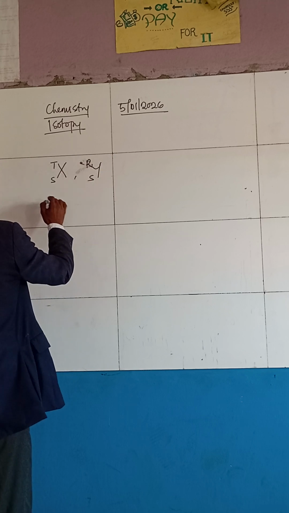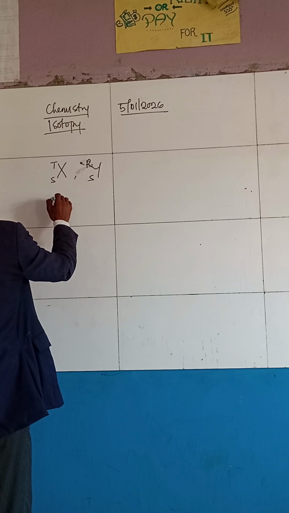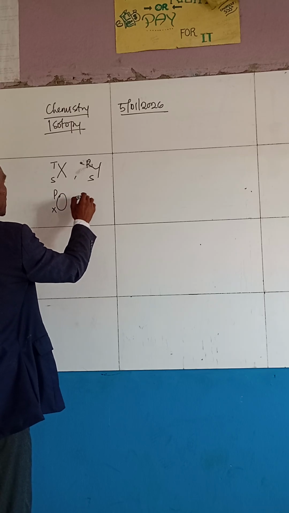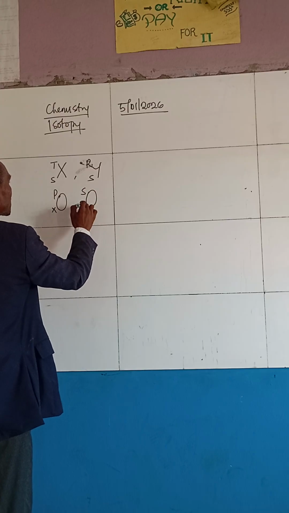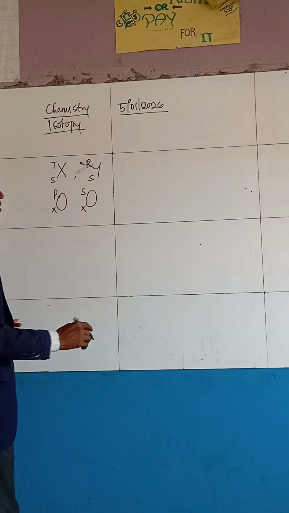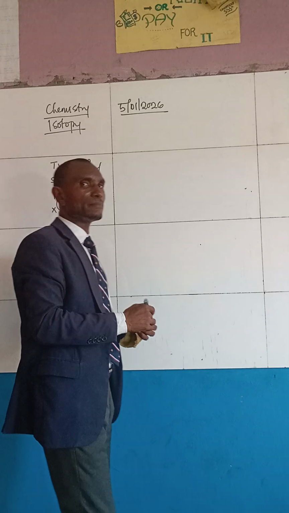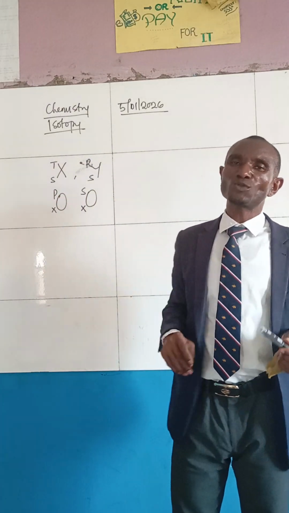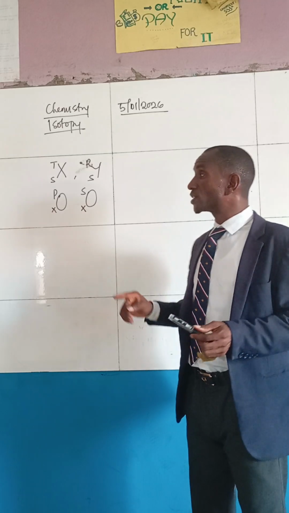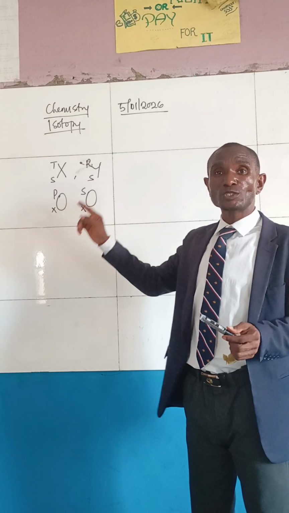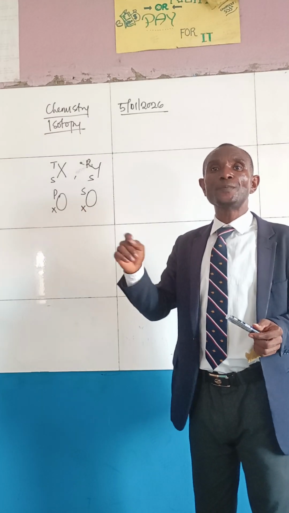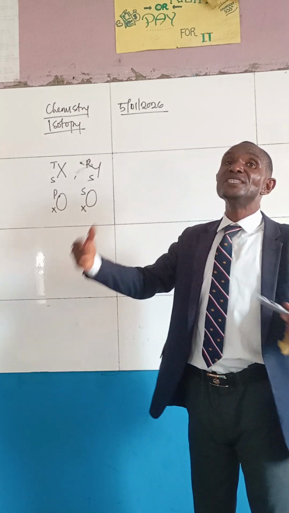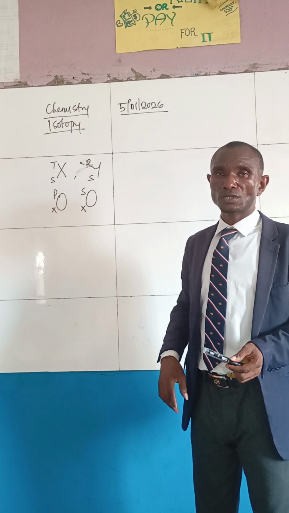Another option might be O, P, X, then another O, S, and then X. Let's work with these examples, because if you know what it means, you will know the right one. Remember, they ask which of the atoms exhibit isotopic mixture, which of them behave like isotopes?